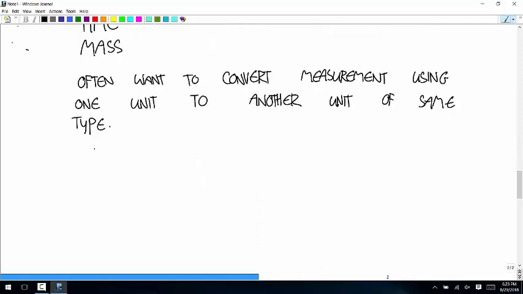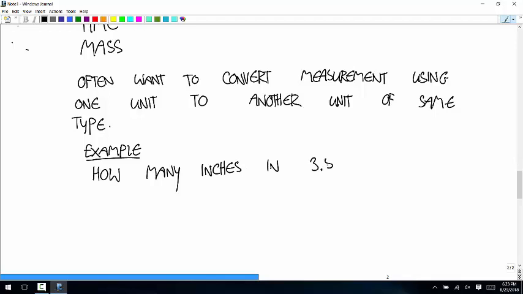So for example, how many inches are there in 3.5 feet? Inches and feet are both measures of length. So it wouldn't make any sense to say how many seconds are there in 3.5 feet, but these are the same type, so that makes sense.